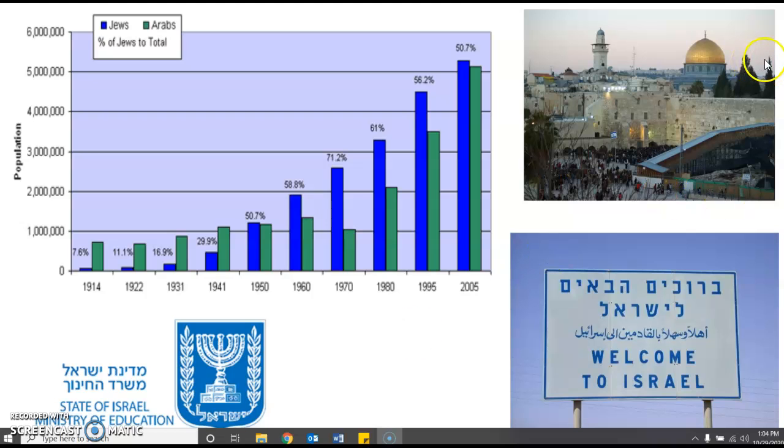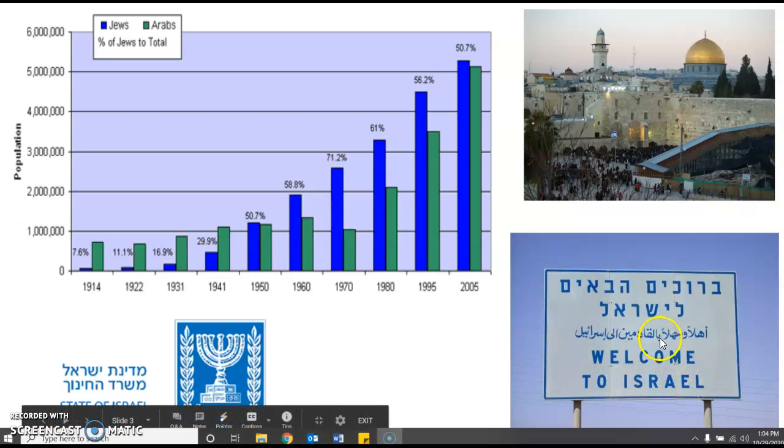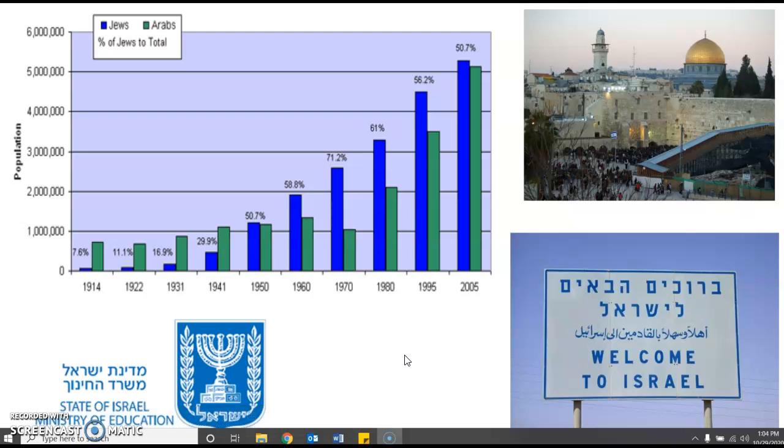You have places like this, where you have a Christian church and this is the Dome of the Rock, the Al-Aqsa Mosque, and the Western Wall of Solomon's Jewish Temple, all in one location. So religion plays a role, and part of that too comes with the culture. In Israel, this is what your signs look like. It's in English, it's in Arabic, it's in Hebrew. And the government of Israel is predominantly controlled by Israeli Jews.